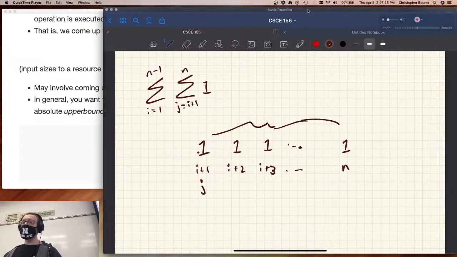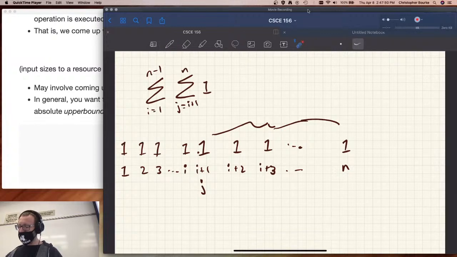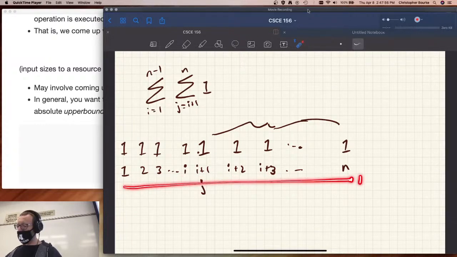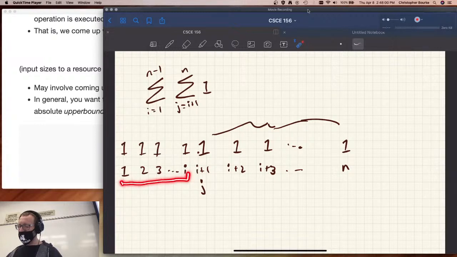n minus i. Why n minus i? If I were to expand this out and start at 1 instead of starting at i plus 1: 1, 2, 3, dot, dot, dot, i, then i plus 1, i plus 2, i plus 3, dot, dot, dot, n. How many are there total here? n. How many are there from here up to here? i.